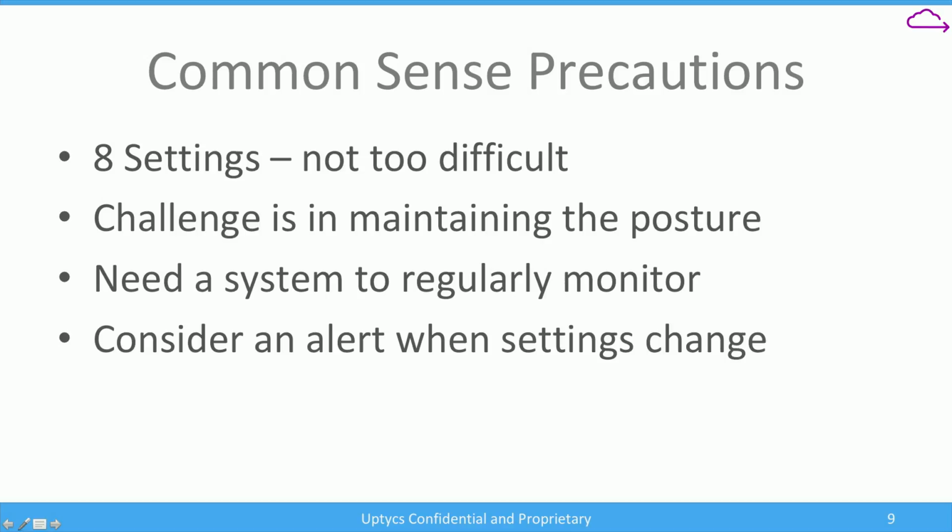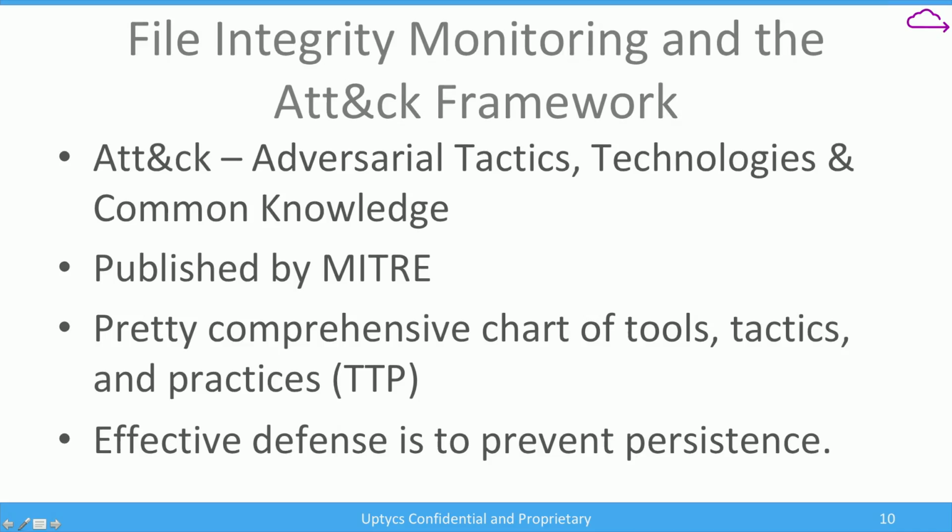But the challenge then becomes continuing to maintain and check in on the posture, and making sure that you are notified when something deviates away from that posture. That's where we would consider setting up an alert for something like this, and I'll talk about alerting that comes from our system, which allows you to continuously monitor and make sure that you are maintaining the posture that you really want to.